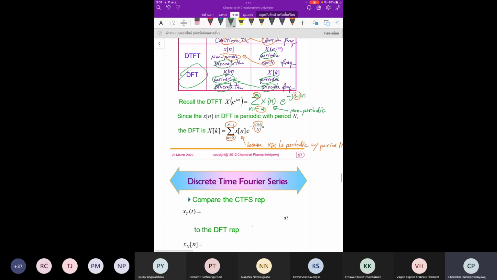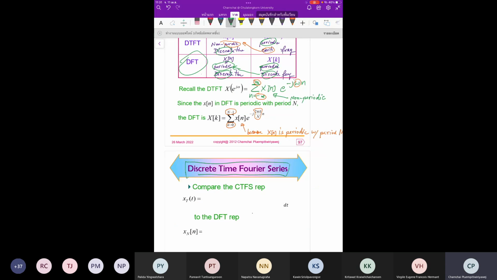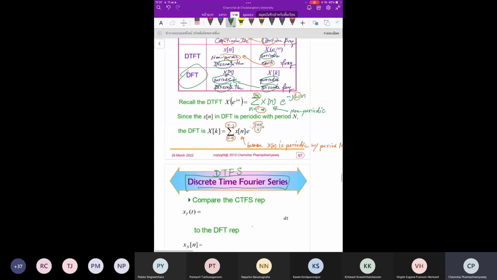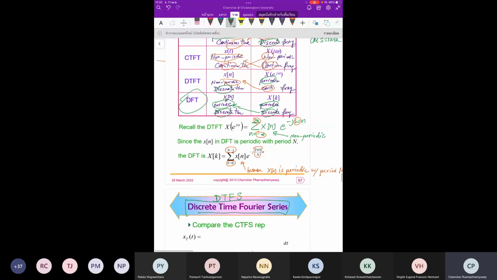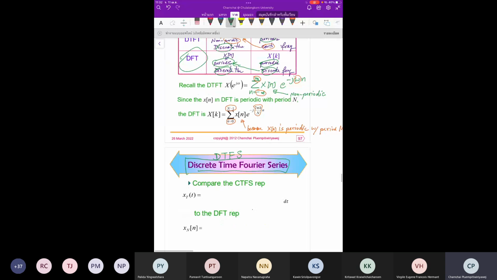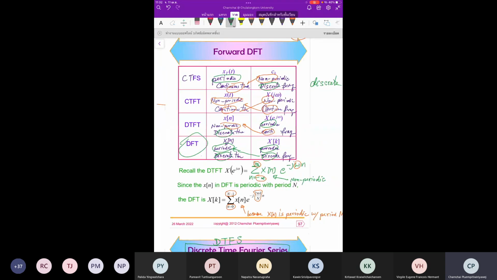The last one that's missing is DTFS, discrete time Fourier series. How come it's not discrete time Fourier series? How come it's just DFT? It's so confusing, huh? Well, this is the way they derived it.